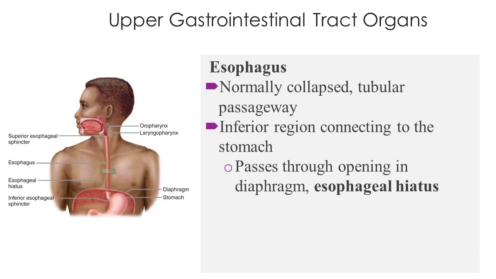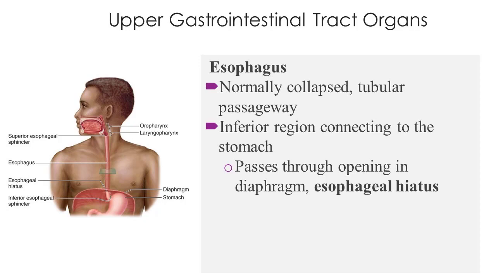And that is one of the leading causes of acid reflux disease, because the muscle surrounding the esophagus at this point supports what we're going to see as the lower esophageal sphincter.